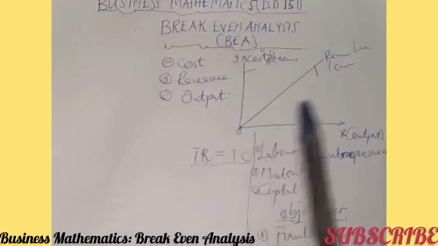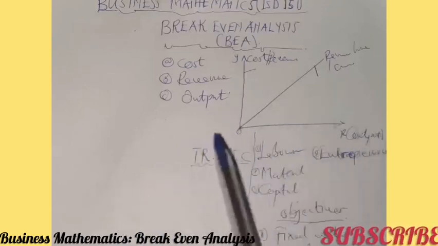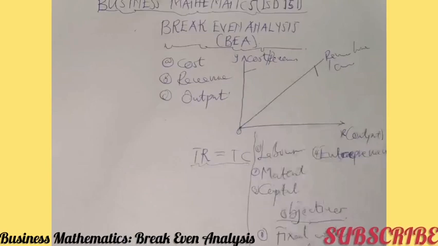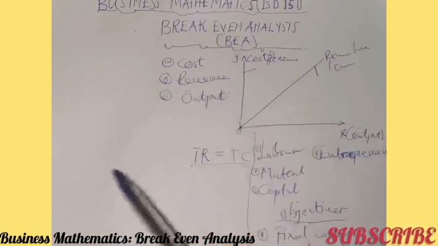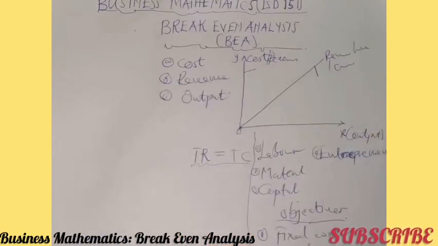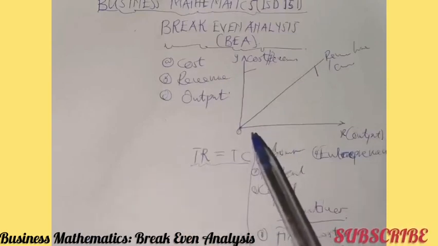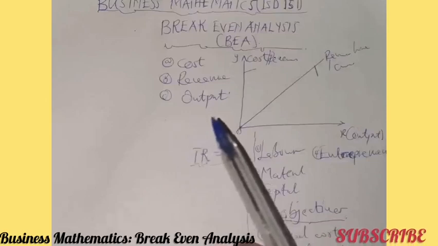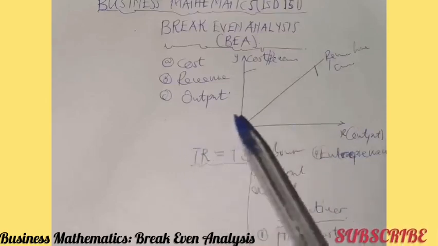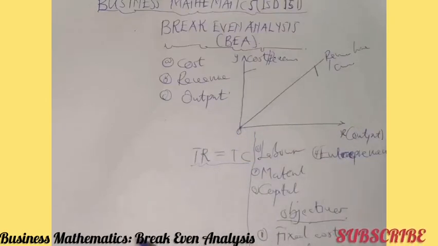So that's what I mean by break-even analysis. In simple terms, break-even can be defined as the minimum level of sales revenue or units of goods that an organization must meet or produce in order to cover all its costs.